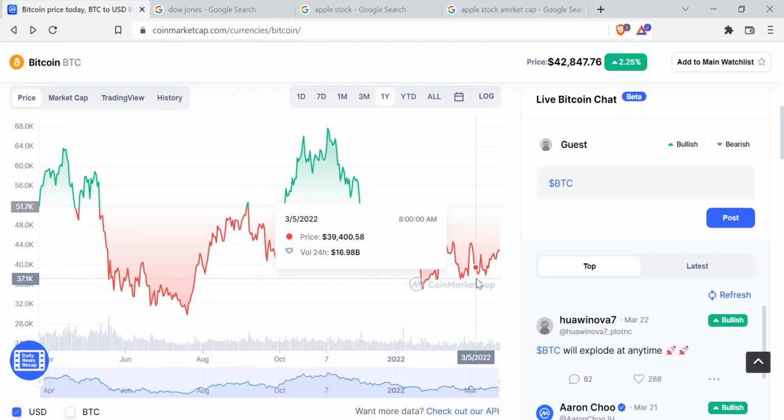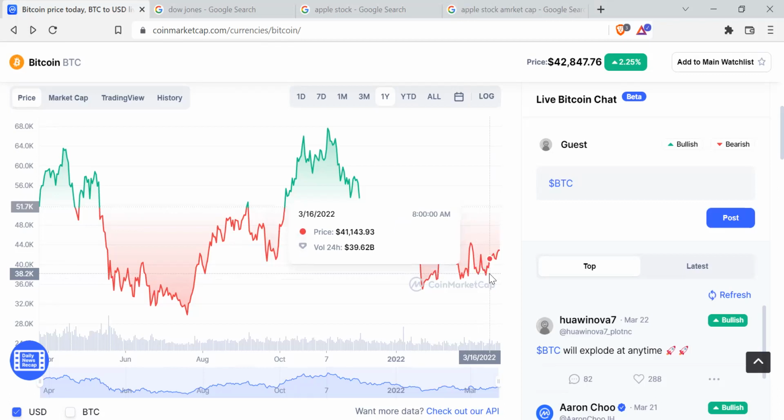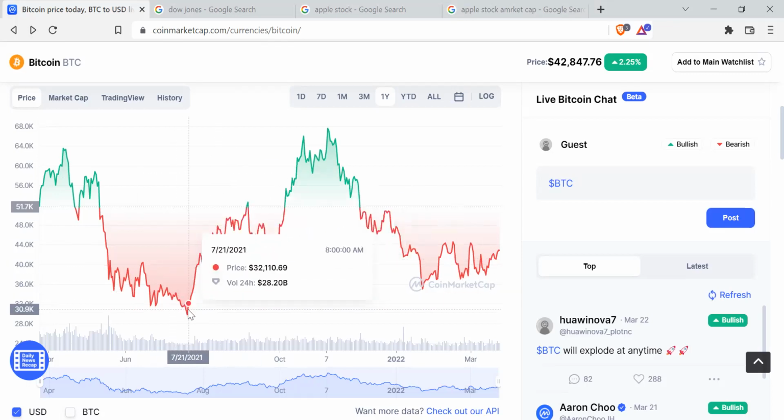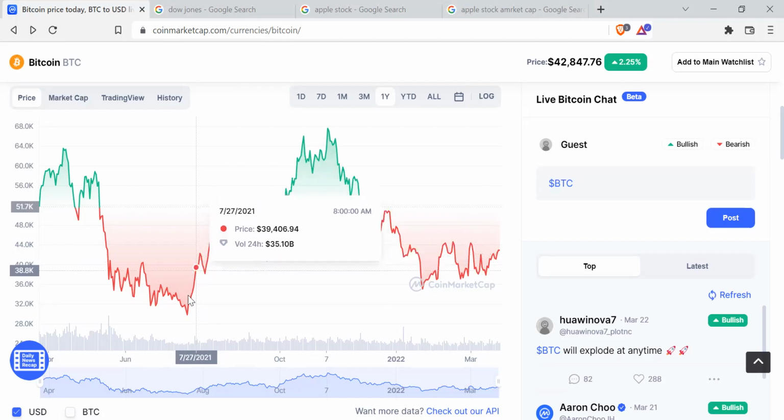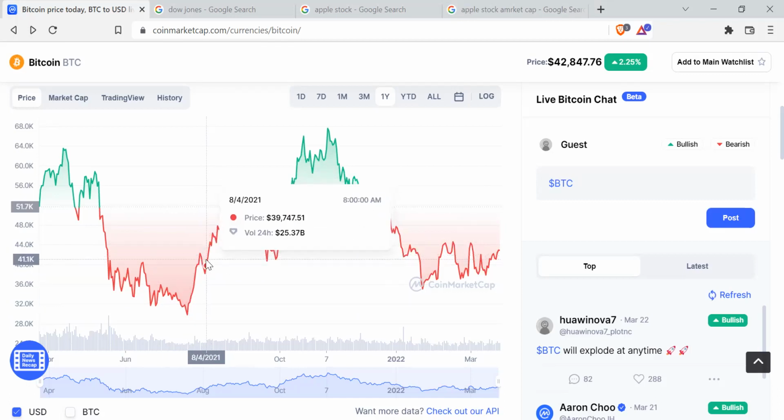So that leaves the only possible conclusion that in the future we're going to get pumped up, and when it happens, you don't get any notice. You only notice once it's over, right? So imagine last year, at the end of July, let's say the price got pumped up from 31K to 41K.